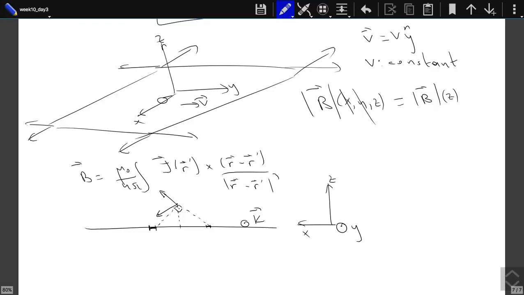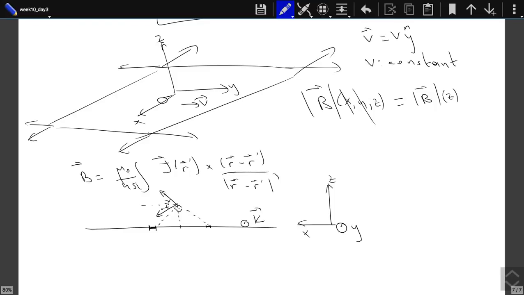You see, both of these wires, since their lengths are equal, their distances from this point are equal. Their contributions have the same magnitude. They make a different angle, but they both make the same angle with the horizontal.